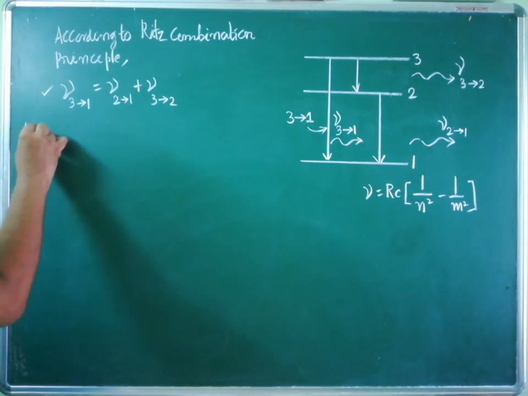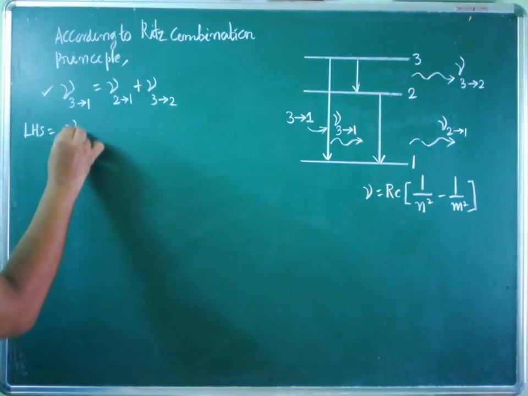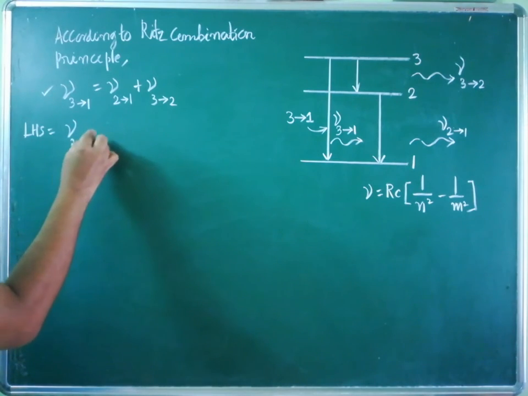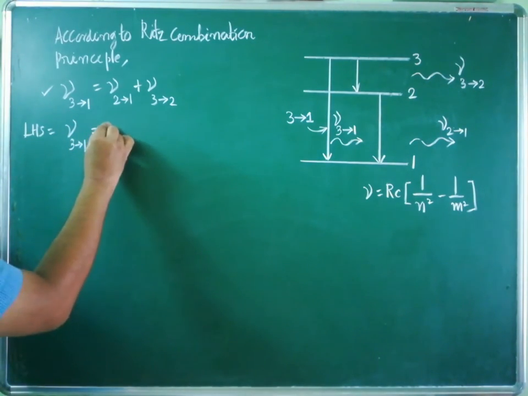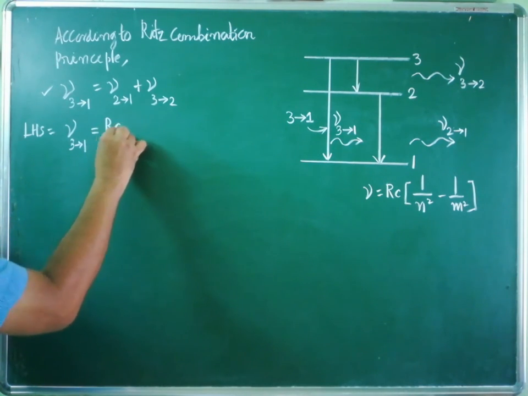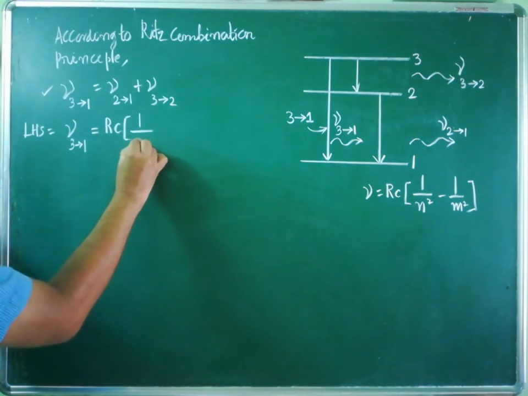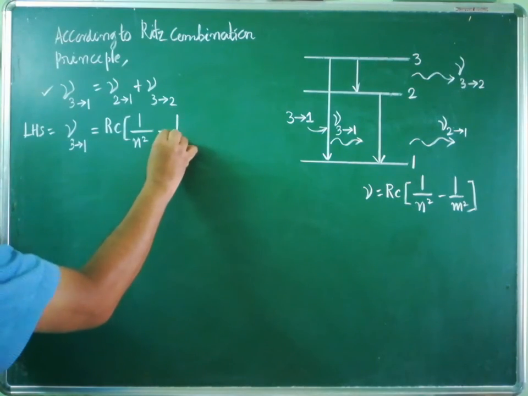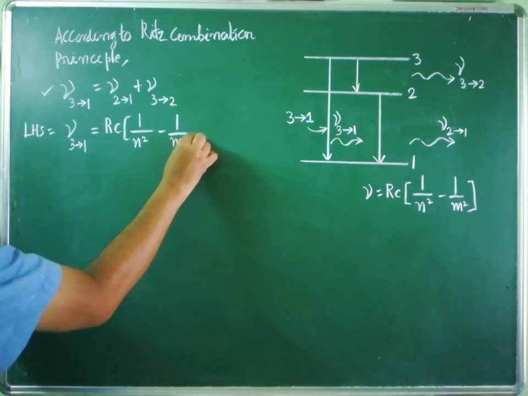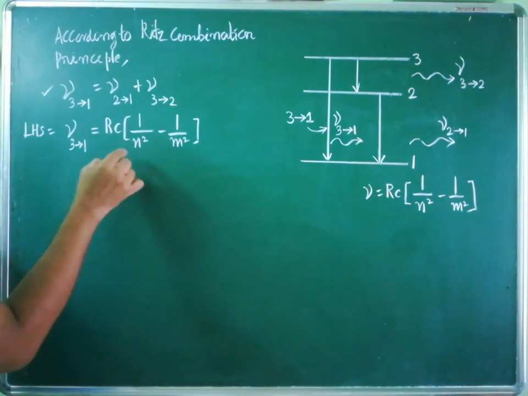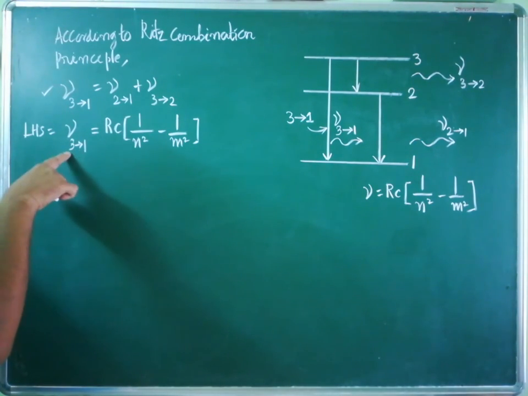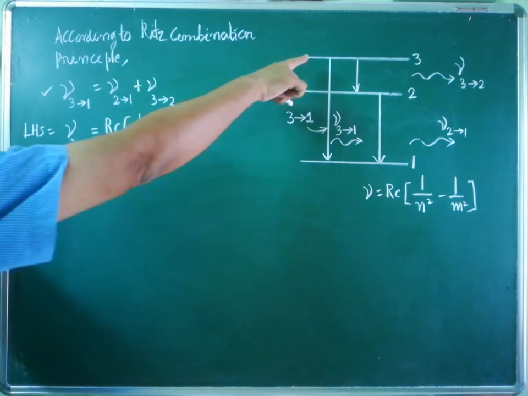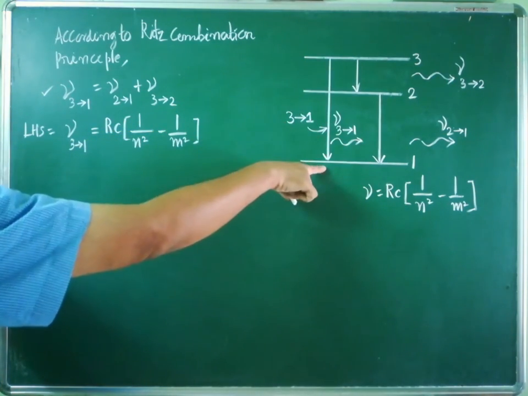In the LHS, nu 3 to 1 is given. The fundamental formula must be written: RC (1 by n square minus 1 by m square). The final state is 1, and the initial state is 3, so the transition starts from 3 and goes to 1.